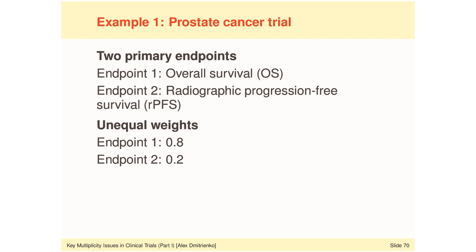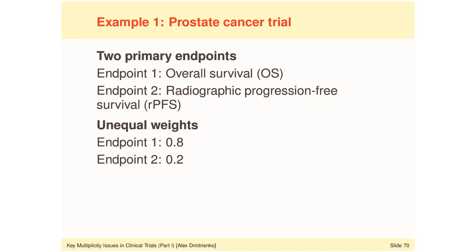We're going to return to example 1 to discuss the implementation of multiple testing procedures in clinical trials with unequally weighted objectives, or in other words, unequally weighted null hypotheses. These weights typically reflect the relative importance of the objectives. If you remember, in example 1, multiplicity was induced by the analysis of two primary endpoints.